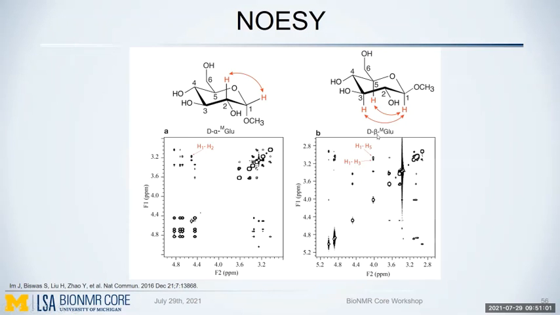While if you have a beta anomer for this type of molecule, then you will not see the same proton 1, proton 2 correlation. Instead, you see proton 1 is correlated to proton 5, and proton 1 is also correlated to proton 3. So these are helpful in these kinds of situations.